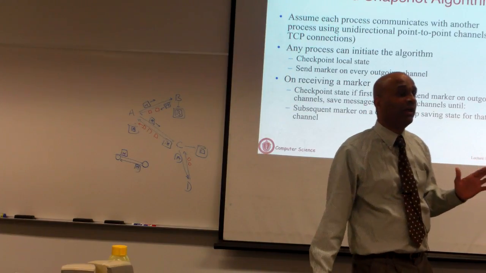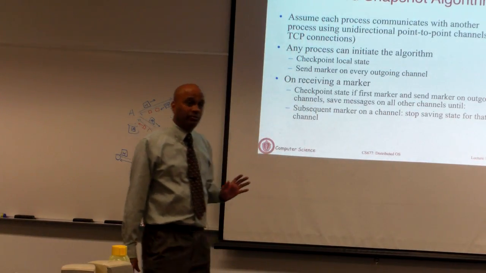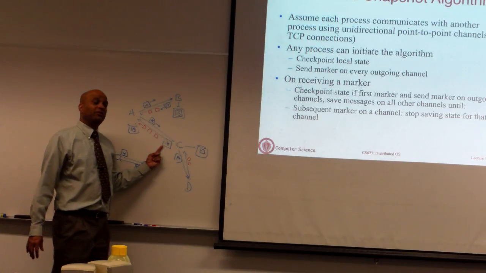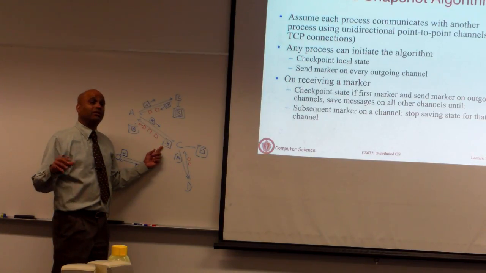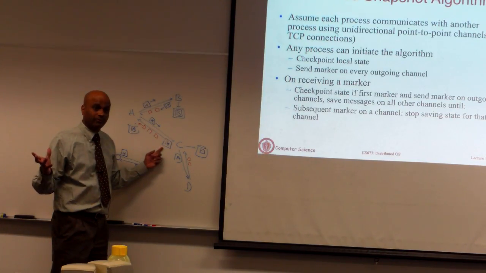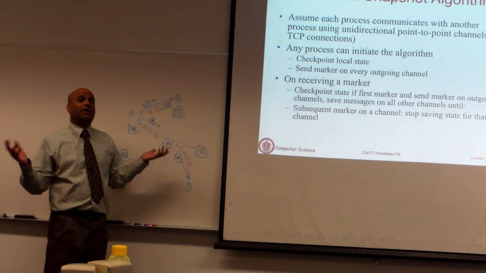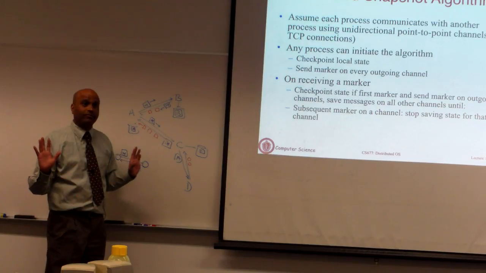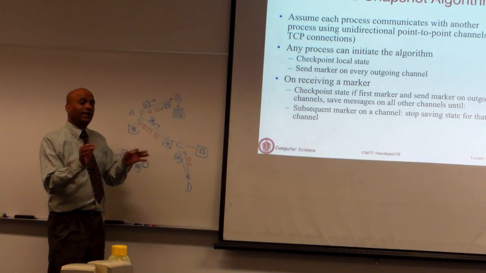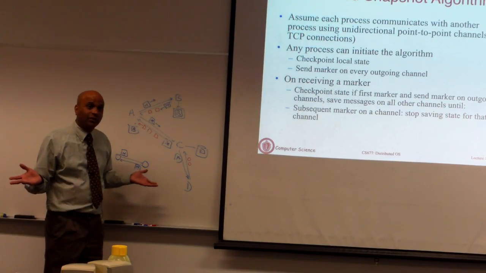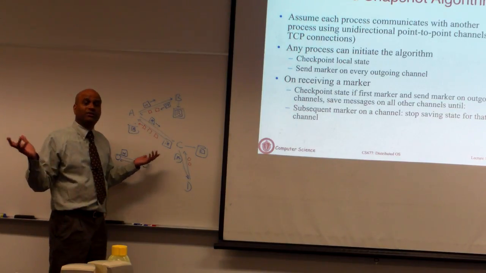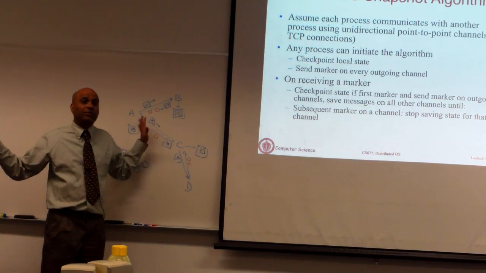You can actually have multiple snapshots in progress, but then you have to distinguish between marker messages for a particular snapshot. So let's say every snapshot has a unique ID. Then you attach a snapshot ID with a marker. So if you receive multiple marker messages for two different snapshots, you just treat them independently.